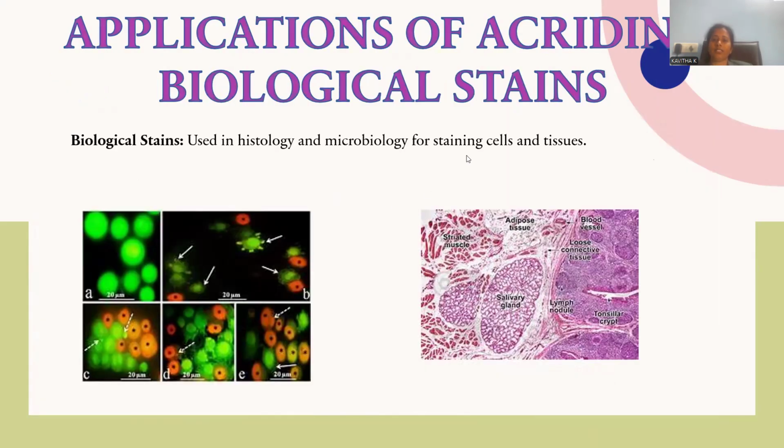And here, biological staining is possible, especially in histology and microbiology. Histology stands for the analysis of tissues. In tissue technology, these are the very tiny organs of living organisms, and whenever acridine molecules are inserted inside, they are able to bind with these very tiny molecules, and what mechanism operates within these tiny organs we can observe by means of their fluorescent activity.